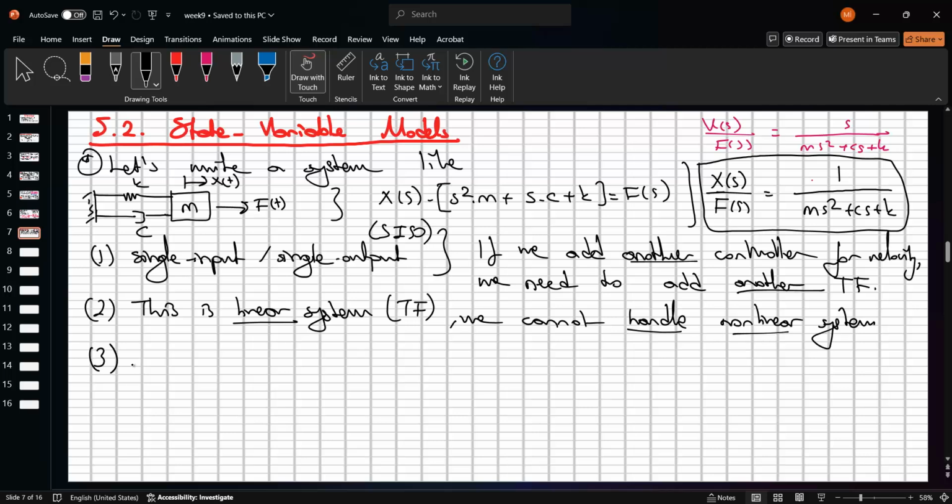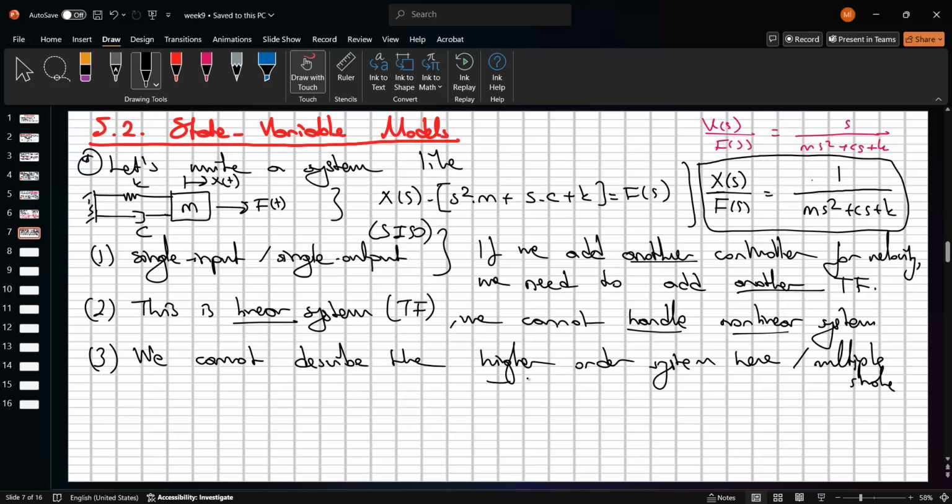And thirdly, we cannot describe the higher order system here, or multiple states. What is the meaning of the higher order system? For example, if you have x dot dot dot dot, this is the fourth order, right?